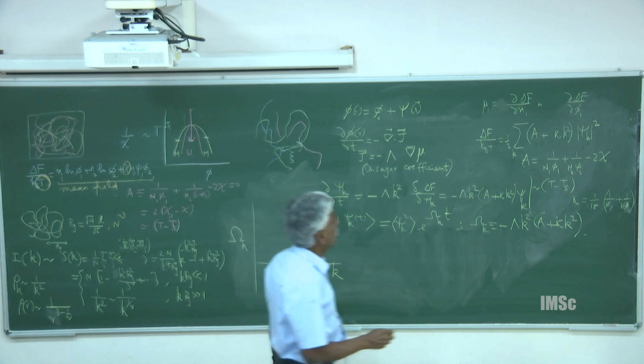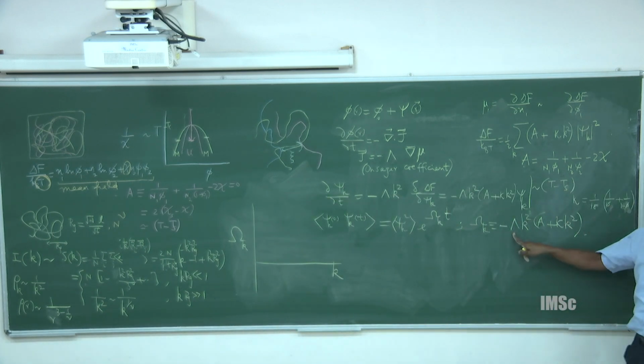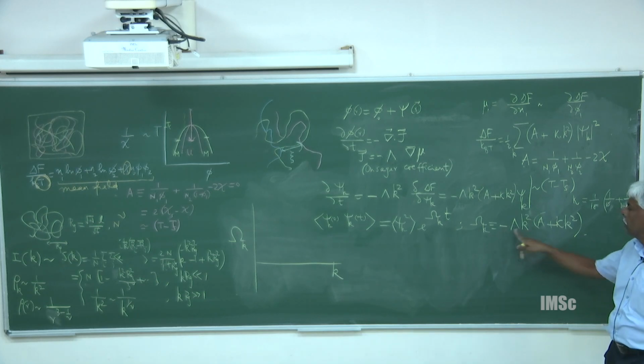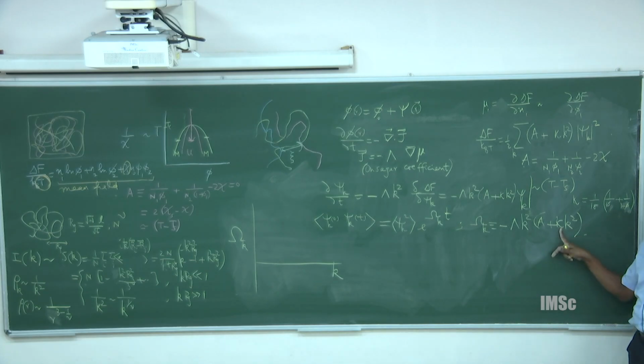Okay. So, the Onsager coefficient is always positive, the negative sign is always negative, k square is positive, and kappa, the interfacial tension, must be positive. Now, let us look at A. I wrote it down as T minus Ts.